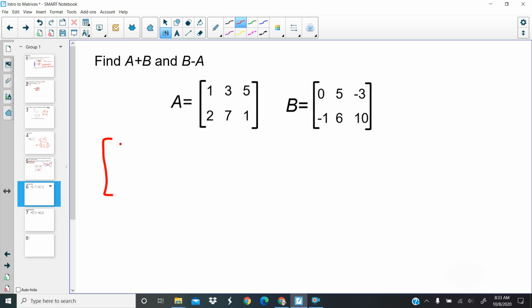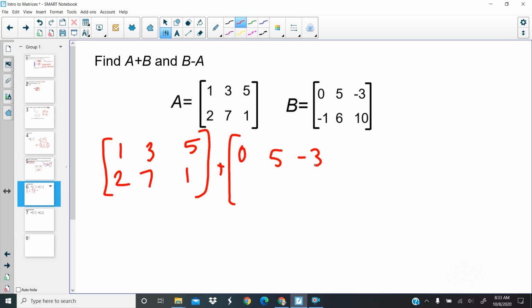So A is 1, 3, 5, 2, 7, 1 plus B, which is 0, 5, -3, -1, 6, and 10. And so I just need to add these by adding each element. So the first one is 1 plus 0, and I'm going to get 1.